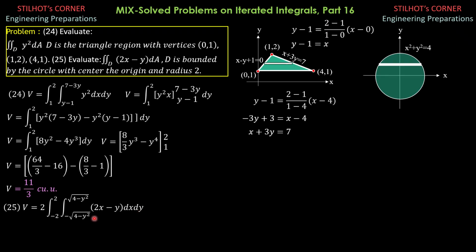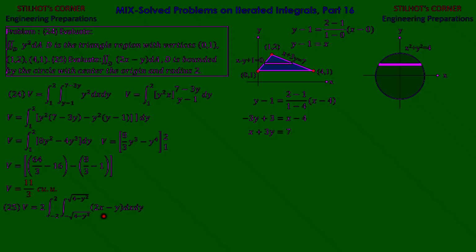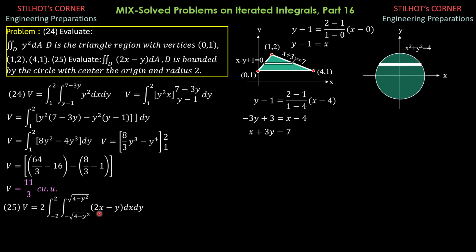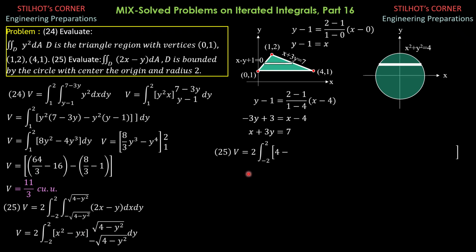So integrating, evaluating this with respect to x, this is 2 times integral from negative 2 to 2 of quantity x squared minus yx from negative square root of 4 minus y squared to positive square root of 4 minus y squared dy. So x squared, the square of this is 4 minus y squared, minus y times square root of 4 minus y squared.